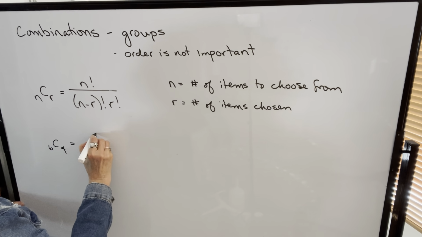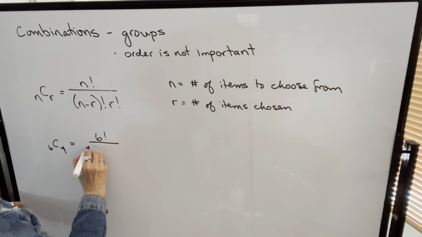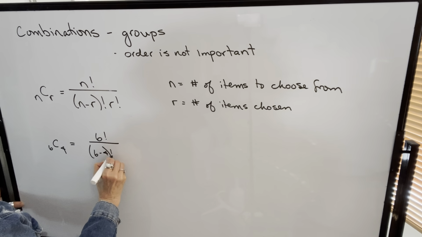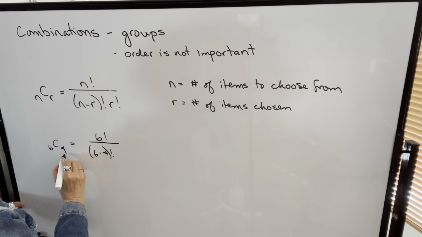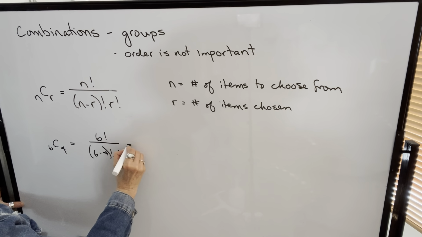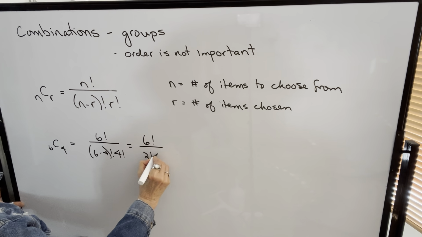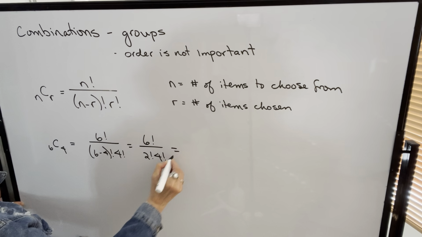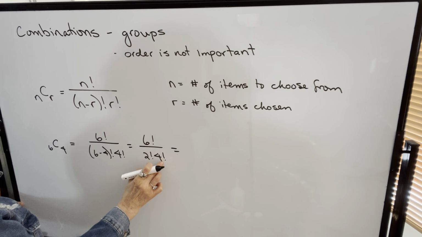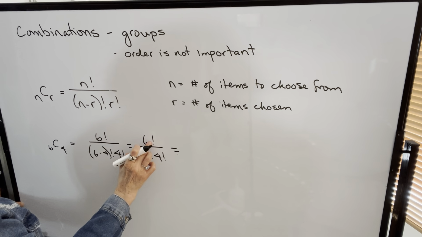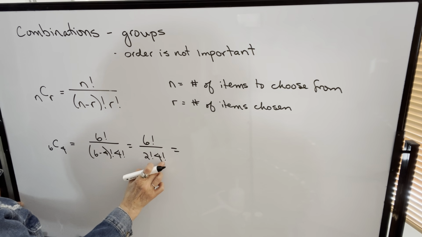So our formula says it will be 6 factorial over n minus r, so 6 minus 4 factorial, and also in the denominator is 4 factorial. 6 minus 4 is 2. Now in the denominator, 4 factorial is the largest one, so I'm going to break this down until I get 4 factorial.